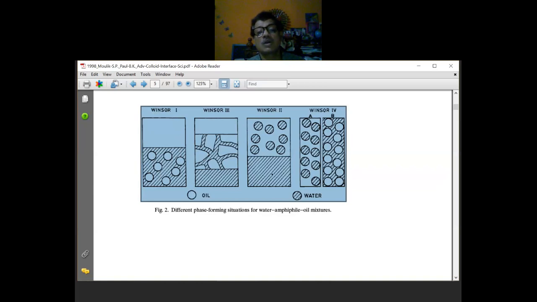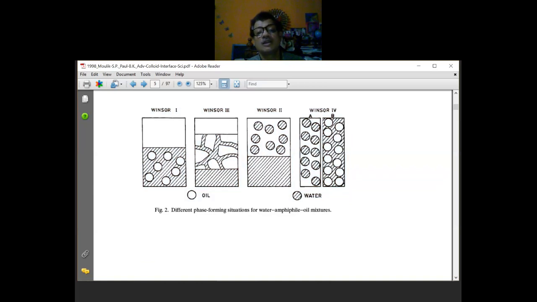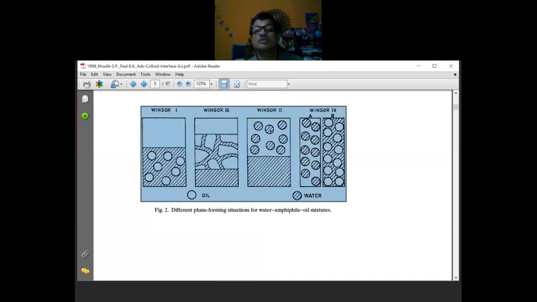On the other hand, when water is dispersed in oil, then I get Winsor type 2. And the intermediate, if you take water and oil in equal proportion, is Winsor type 3, which is called a bicontinuous medium. Or you can have a combination of both, water in oil and oil in water, both. This is called type 4. So there are 4 types of microemulsions, Winsor 1 to 4.